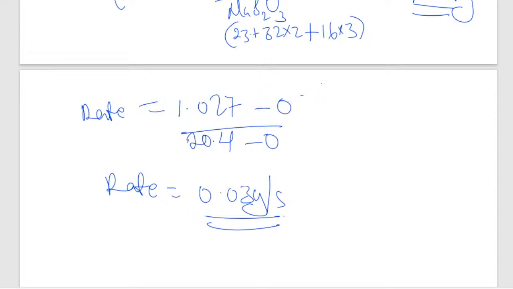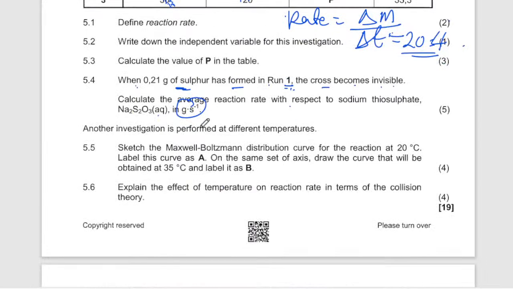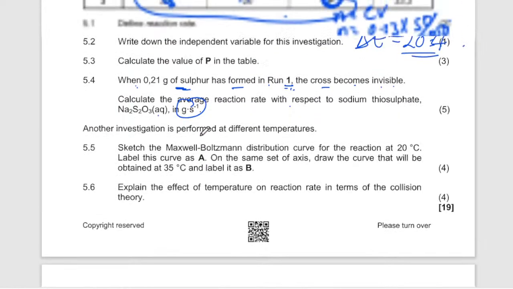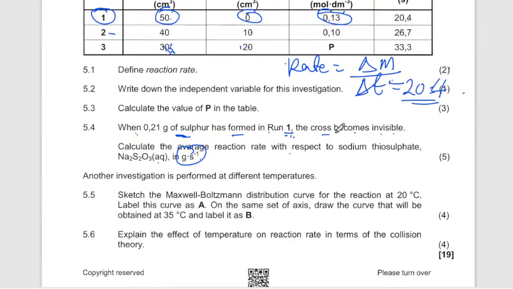Then we go to the next question. When we go to the next question, they're saying that another investigation is performed at a different temperature.